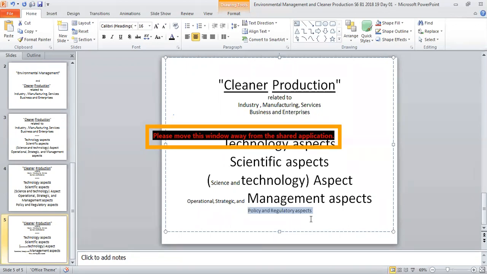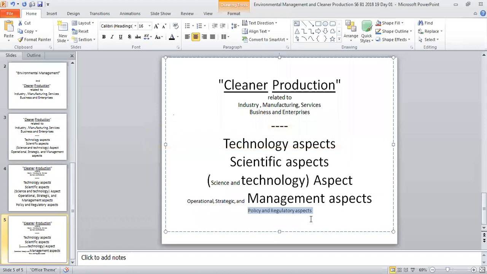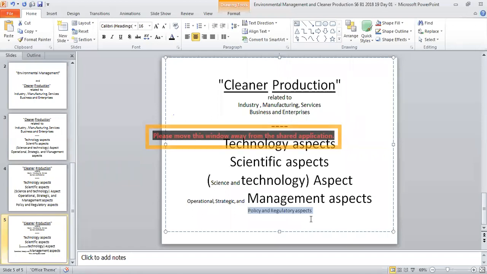The supply chain has cleaner production aspects and issues. When you improve the supply chain, that will be a value chain. So you have to learn about supply chains and value chains when it comes to cleaner production. Also in the supply chain, for transportation, burning of fuel to drive the vehicles creates carbon emissions.